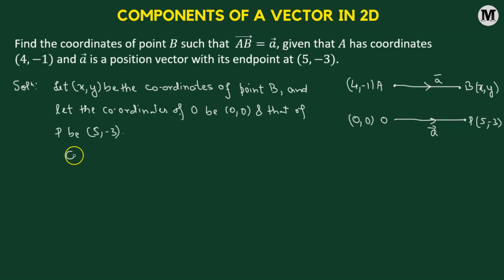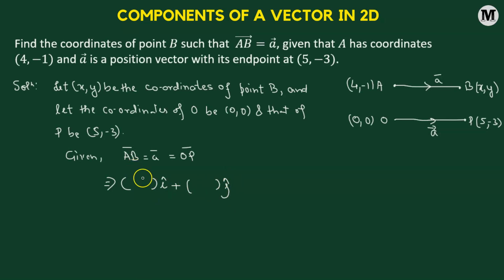Now we'll use the fact that vector AB equals vector a, and that equals vector OP. Vector AB is simply obtained by taking the difference of the coordinates. That means we can express AB as the difference of the x coordinates multiplied by i cap, added to the difference of the y coordinates multiplied by j cap.